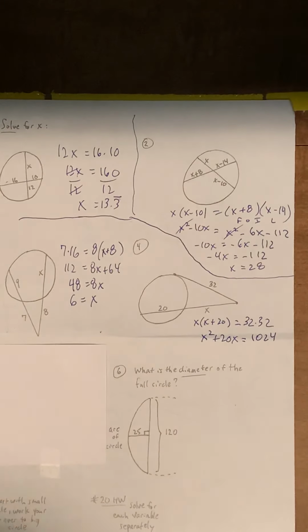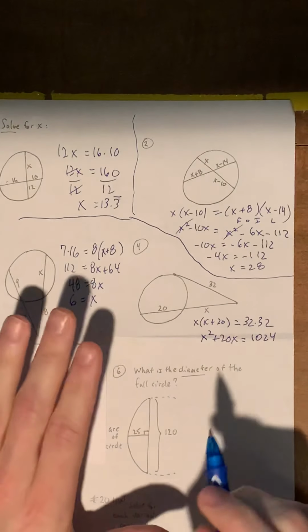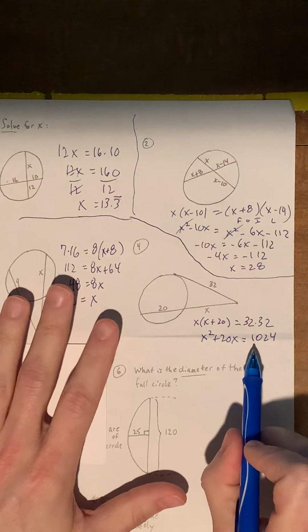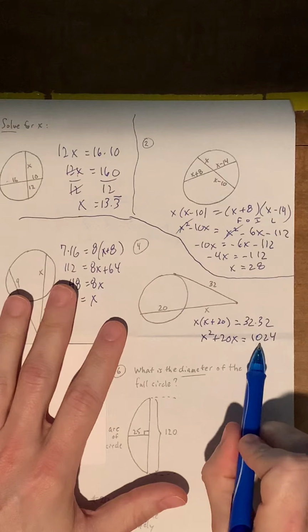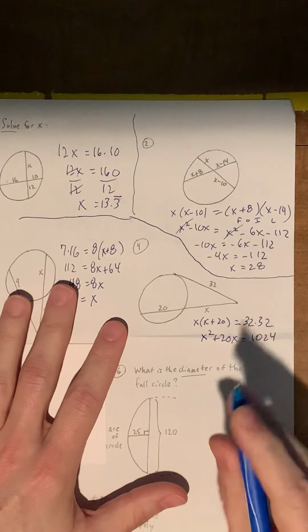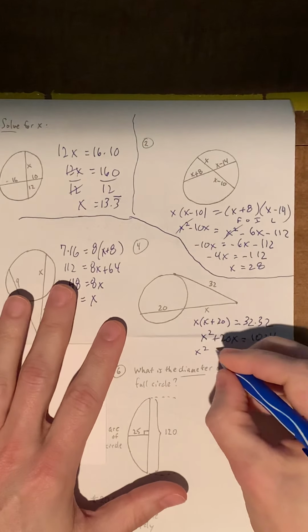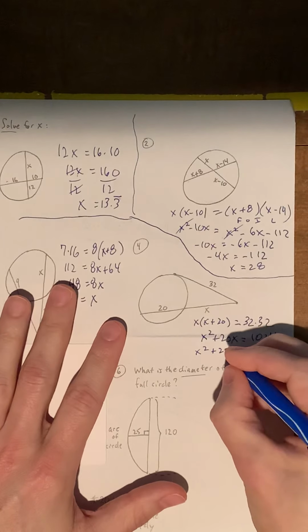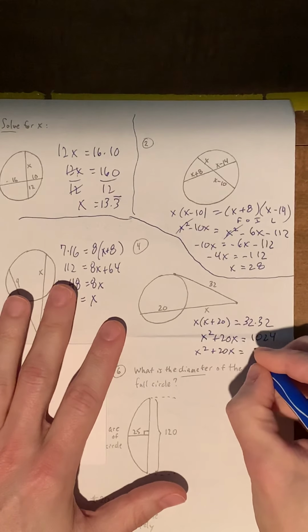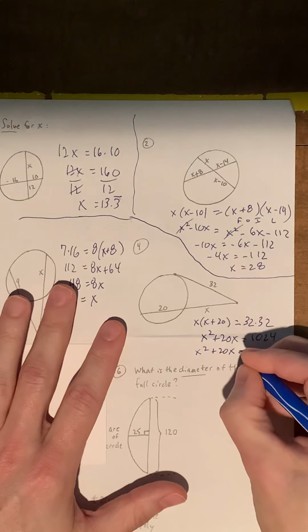Now here we're going to be stuck with a quadratic equation. When you have one of these, you want to have it equal to 0. So subtract 1024. Oh, there should be a minus sign.